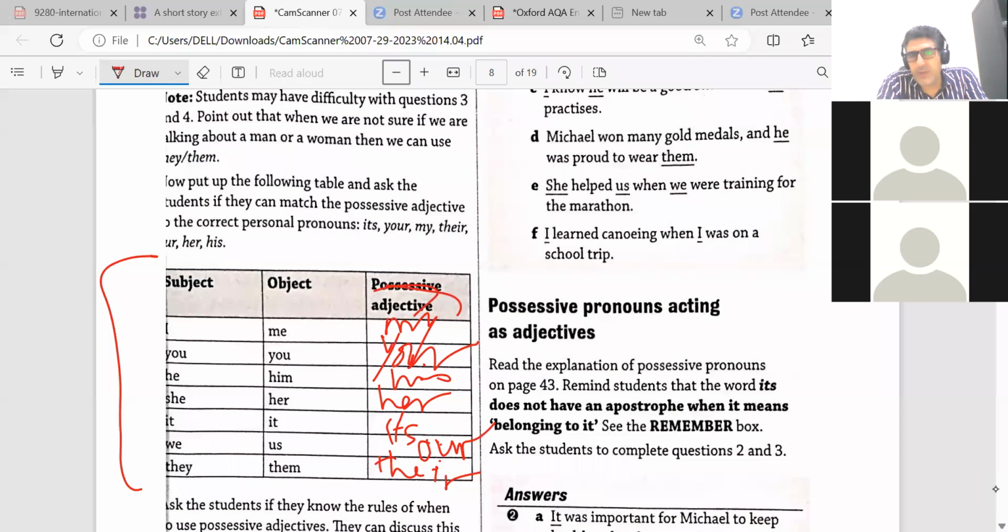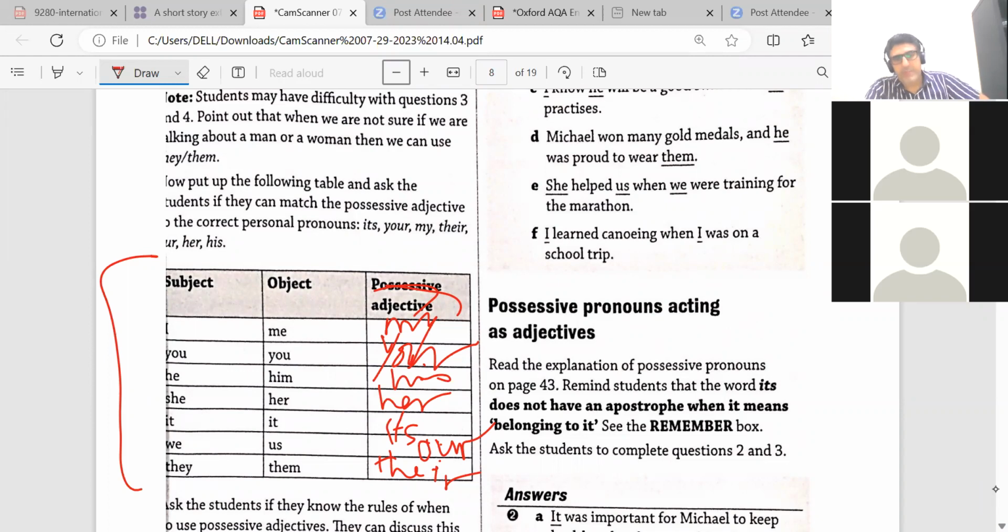His dad is a doctor. Her mother is beautiful. Its tail is short. Our house is big. Their car is broken. So after the possessive adjectives, you must use a noun. Okay? Clear?